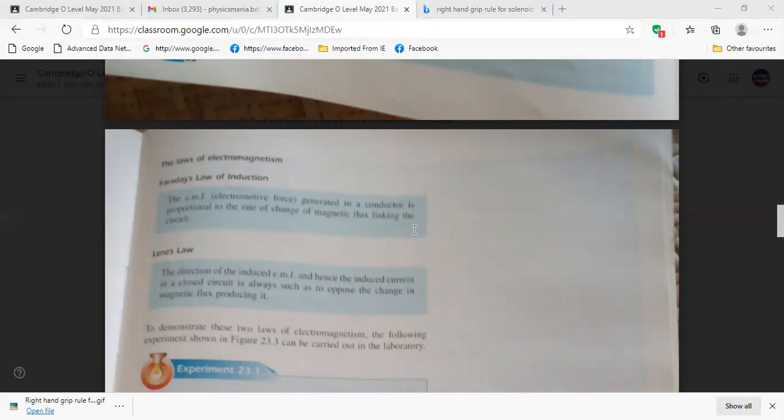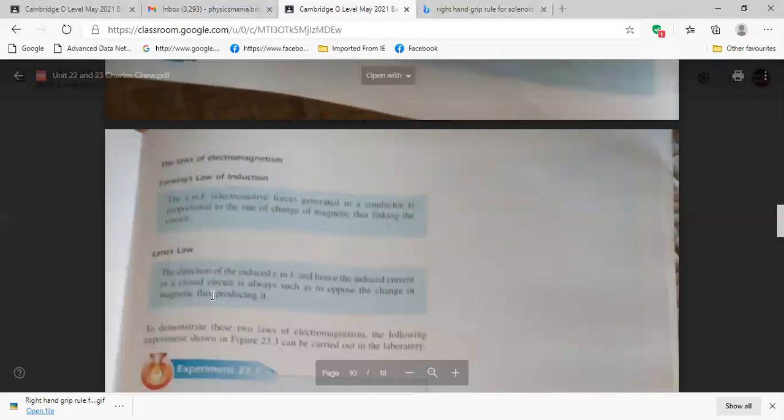Flux means density of the magnetic field lines. Did you write it? Yes, sir. Flux means magnetic field lines density. So here the statement is saying the direction of the induced current is always such as to oppose the change in the magnetic flux producing it.